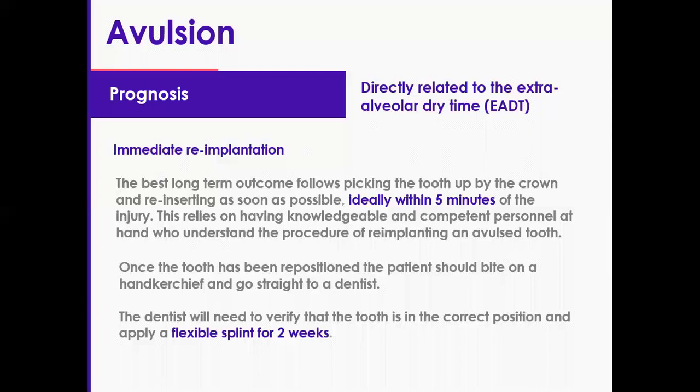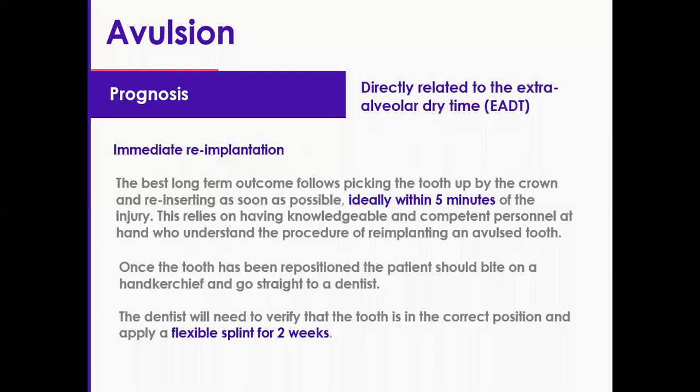So you need to educate all your patients and their families, as this is not really going to be done by a dentist unless it happens at a sports event and you've got a dentist present. This 5-minute rule is not going to happen by the dentist. So you need to rely on community awareness to be able to achieve this.